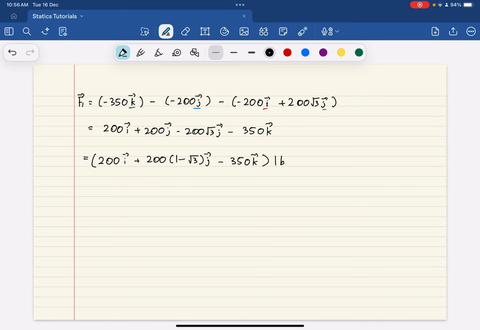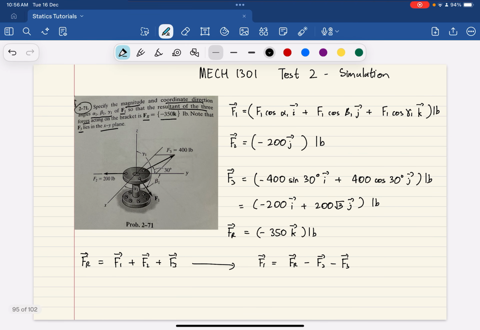So we already found F1's vector itself, but the question wants us to find the magnitude as well as the coordinate direction angles, alpha 1, beta 1, and gamma 1.